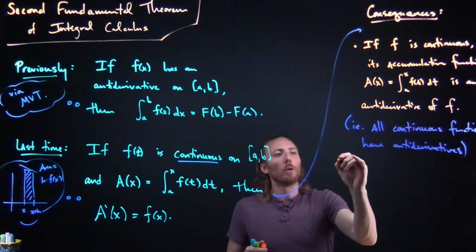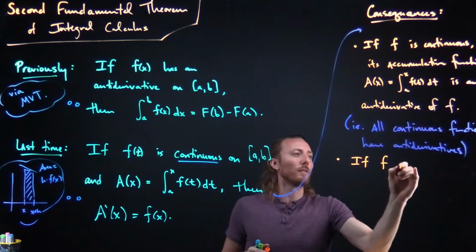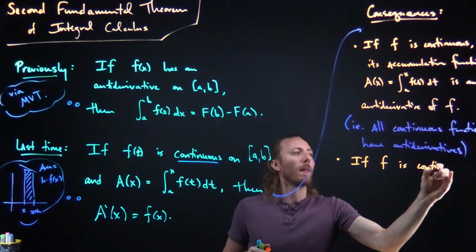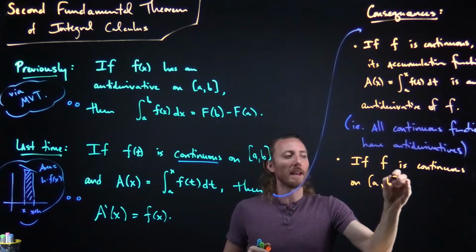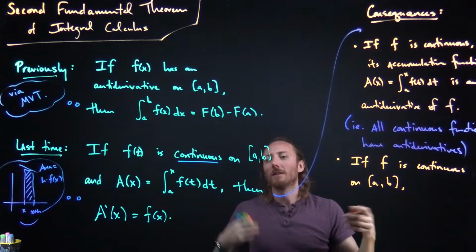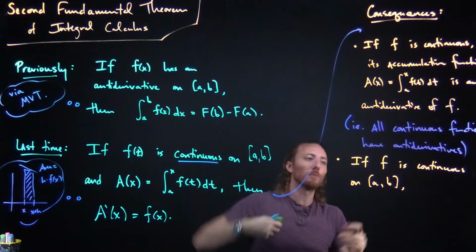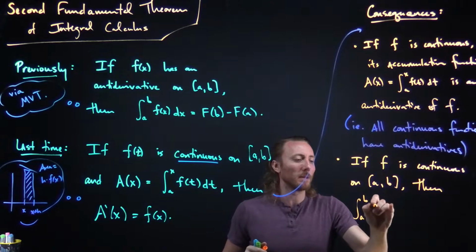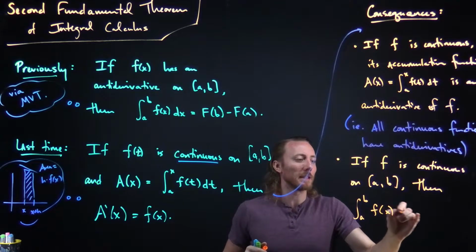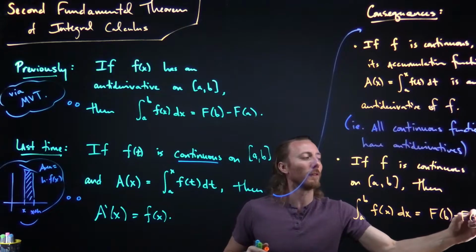And so what we can say is, if function f is continuous on [a, b], then it has an antiderivative via its accumulation function, which means our fact about the mean value theorem would apply. Then we could say the integral from a to b of f of x dx is just capital F of b minus capital F of a.